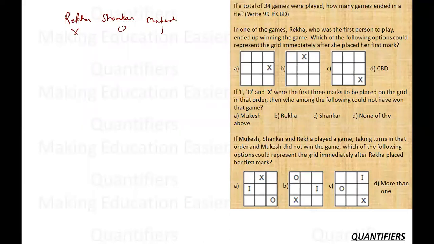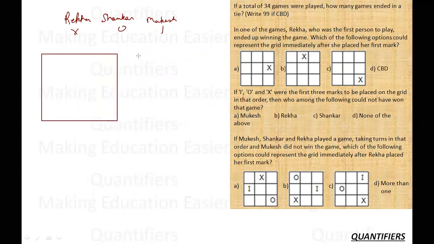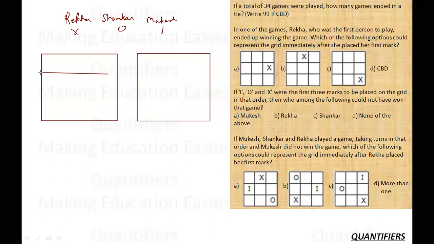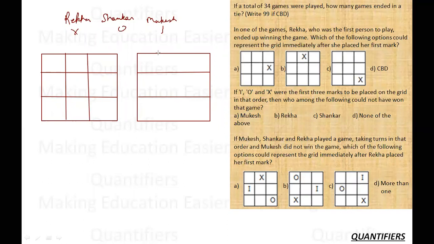Now there can be multiple possibilities when we are drawing the cases. The first question says that if there are 34 games, how many games end in a tie? So let me take some common things. Now I have taken two matrices with me.